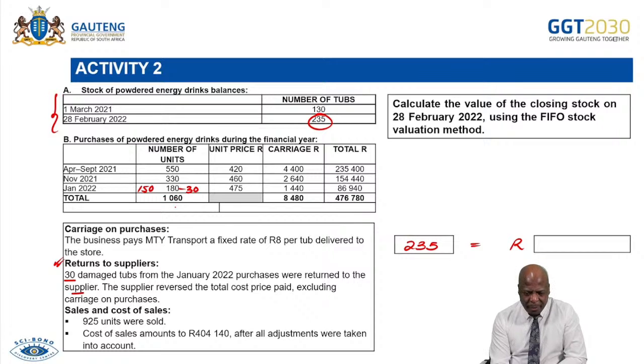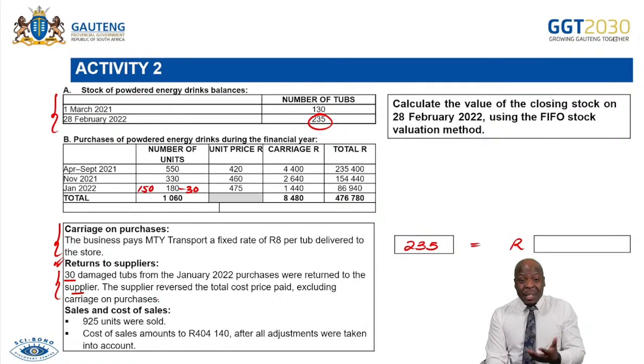That is very important. Now, once you are done with this one, there are several other ways of doing this question. That is very true. But when you come to your carriage, here is one easy way of going about it. The question wants us to calculate the value of closing stock. It means the amount we paid to buy the stock unit and the amount we paid for the stock unit to be transported until it reached our business.